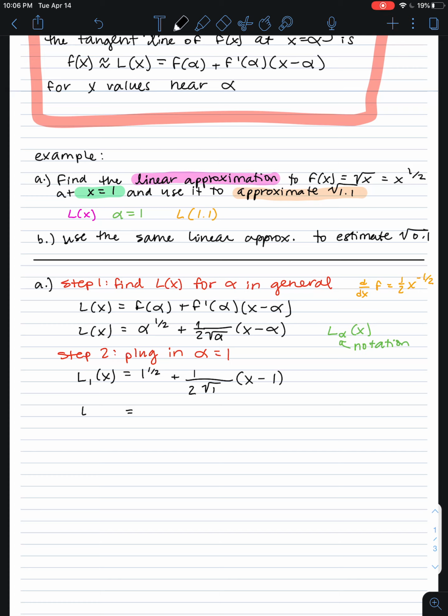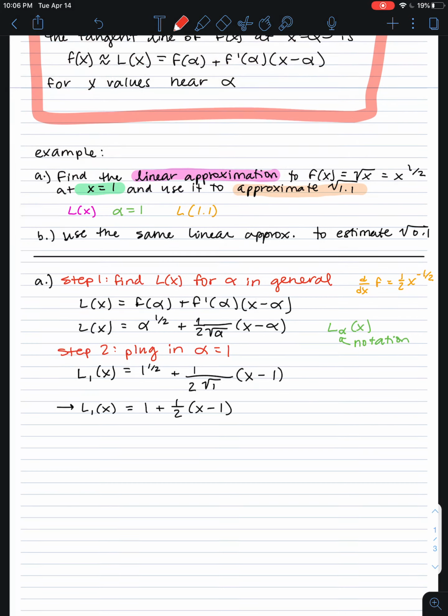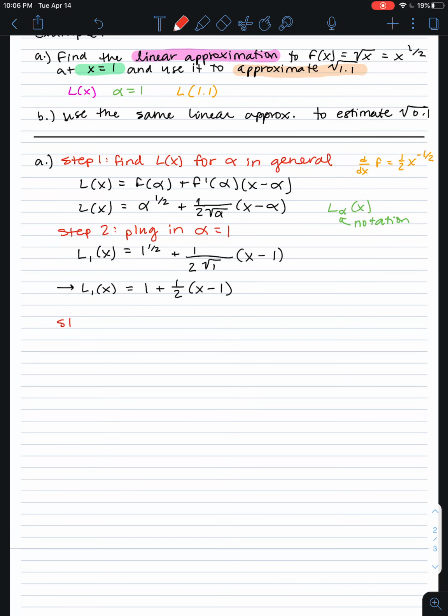Okay, and if I rewrite this, I get 1, because 1 to the 1/2 is just 1, plus 1 over 2 times the square root of 1 is just 1/2 times x minus 1. Okay, so that's my estimate. And now, step 3, plug in 1.1 for x.